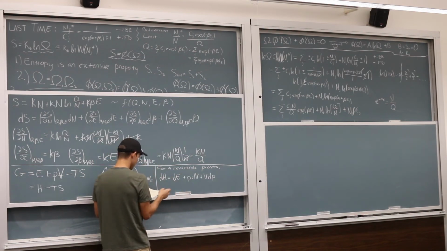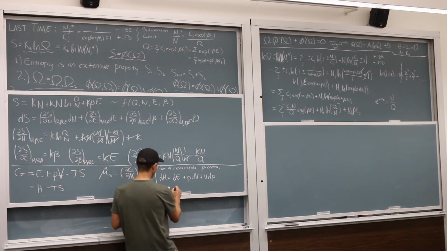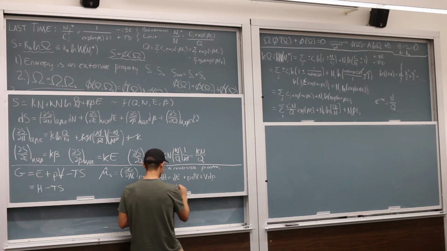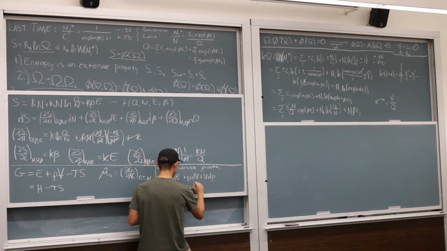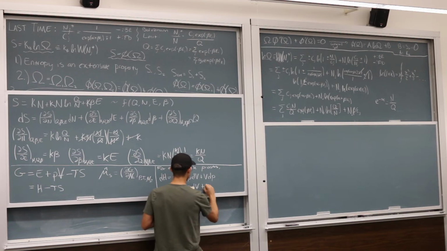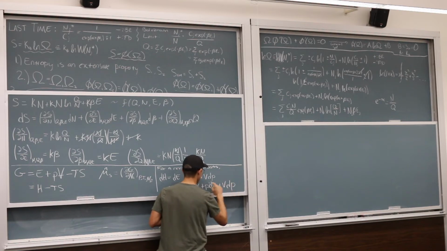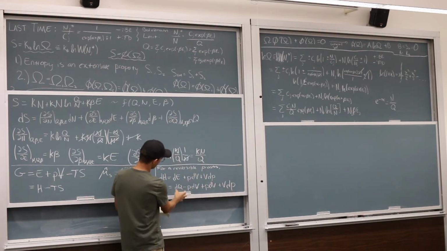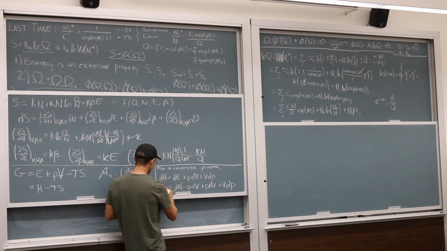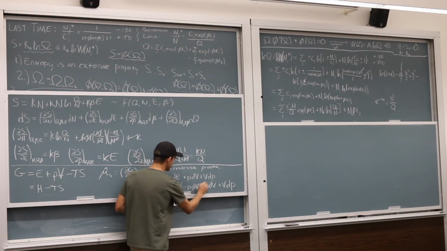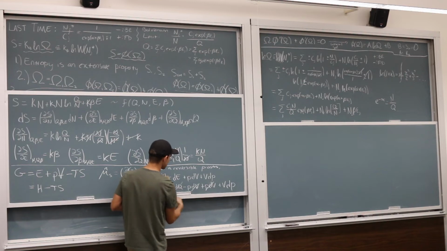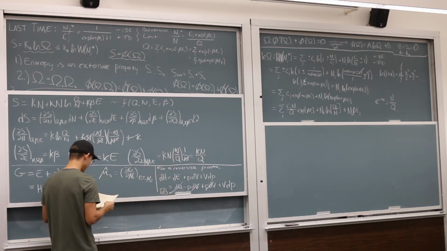Okay. When the process is reversible, first of all, the first law tells you that dE is equal to dQ minus PdV. So then you have plus PdV here, this VdP. Okay. When the process is reversible, dQ is equal to TdS. Okay. So then these things cancel, and then dH is equal to TdS plus VdP. Okay.